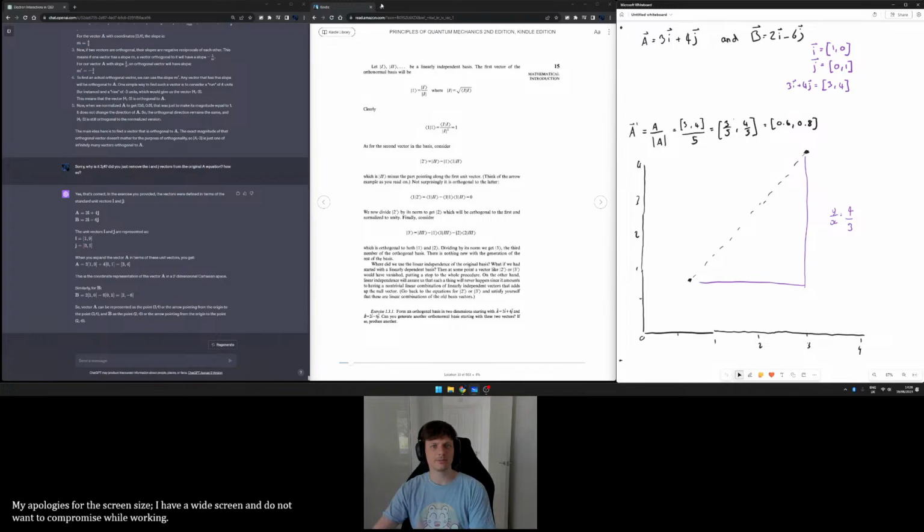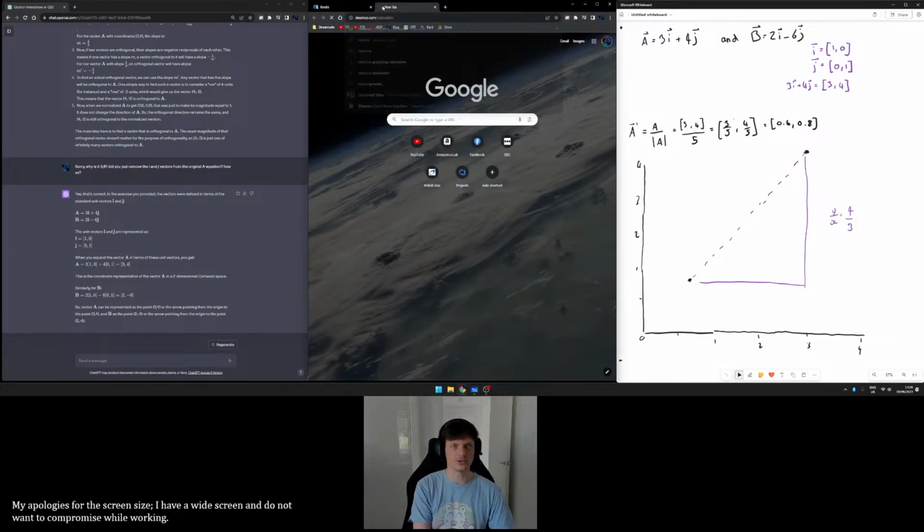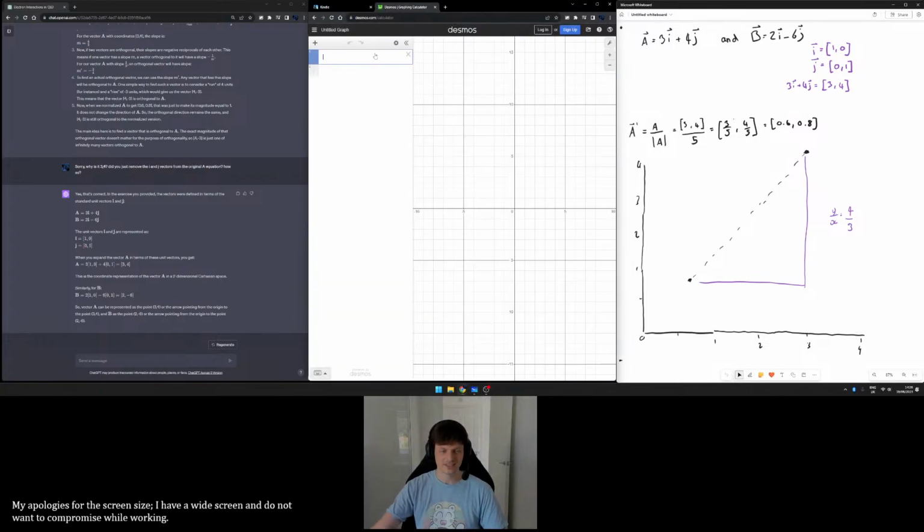So maybe I can do this a bit easier on Desmos. I'm not sure. Depends if I know how to bloody use it again. I think I can do. Yeah, here we go. So if I do 0, 0, and then 0.6, 0.8, 2, 3, 4, and then we'll do that as a line, right?